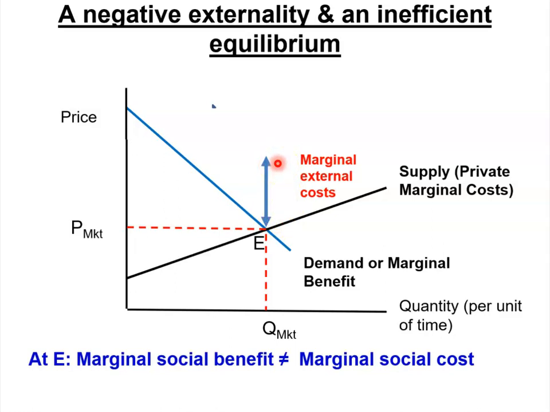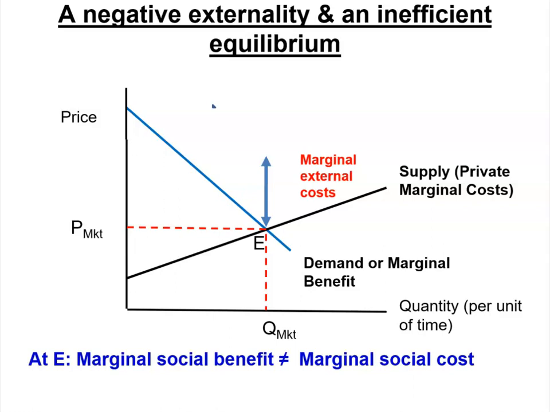And the height of that arrow can be read off on the vertical axis here, and we can see how much that is in dollars. Of course, that's making some assumptions that we can convert those costs into dollar costs, which may be a bit of a problem in many cases. But let's set that aside for the moment.